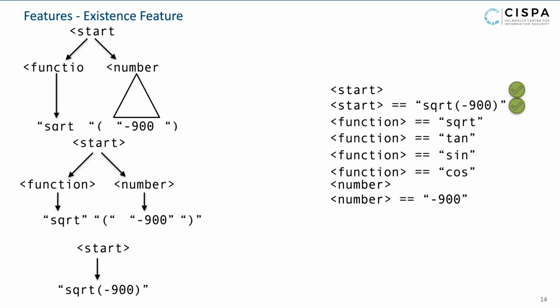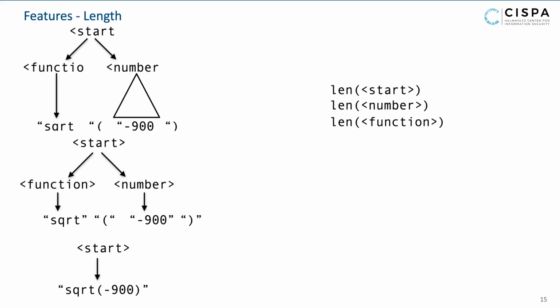Function derives square root in the 1st and 2nd tree, so we set the existence feature to 1 again. Function does not derive tangent, sine or cosine in any of the trees, so we count this as non-existing. The number production is used in the 1st and 2nd tree, therefore it is existent. And number derives to minus 900 in the 2nd tree, so this is existent as well.